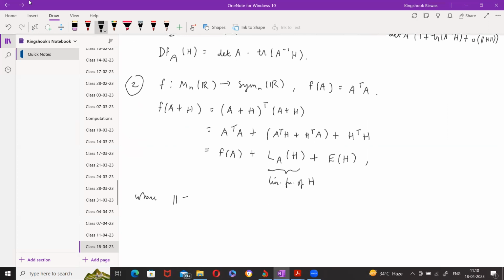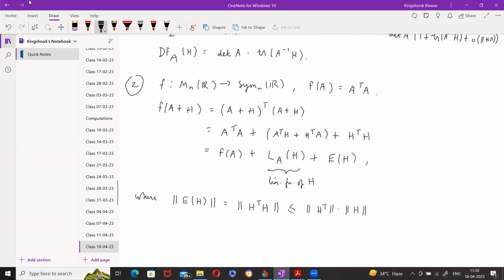So what is the norm of the error term? This is the norm of H transpose H. And we know the operator norm satisfies a multiplicative inequality. This is less than the operator norm of H transpose into the operator norm of H, right?